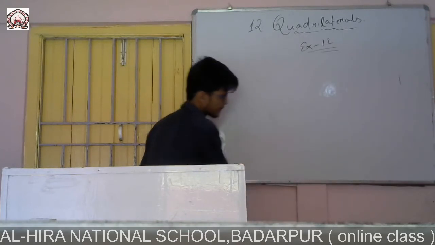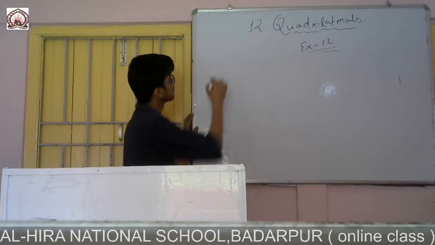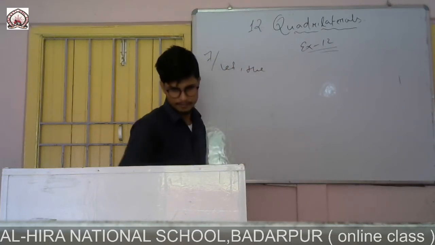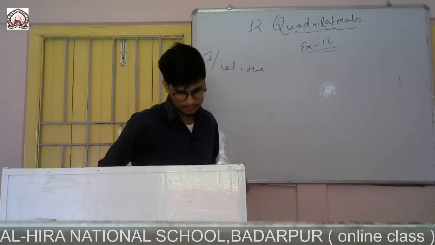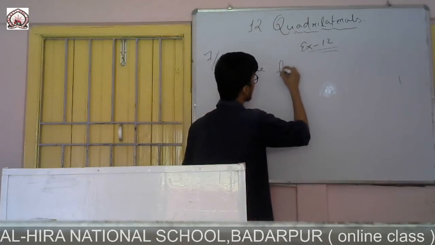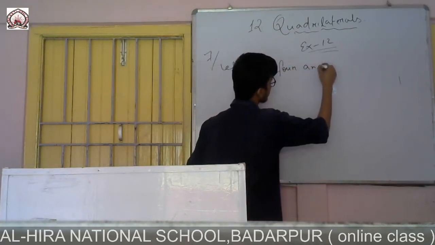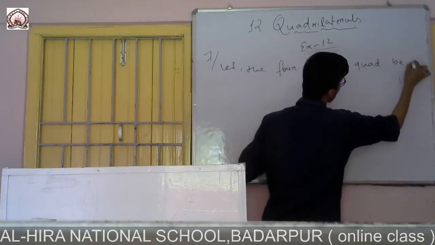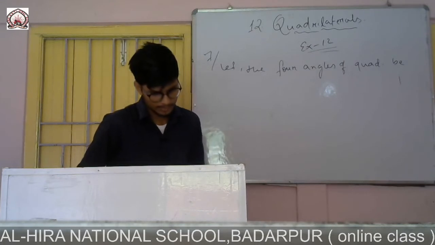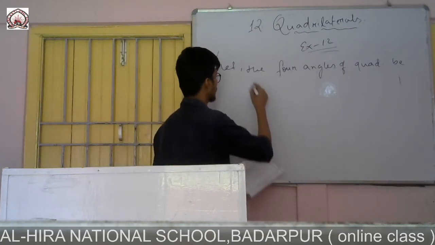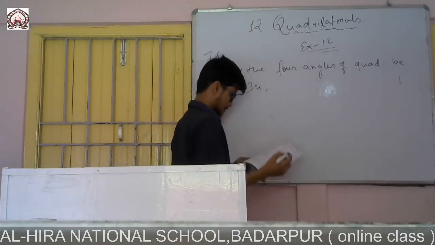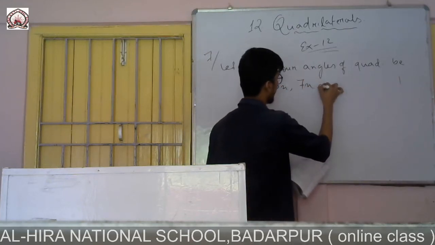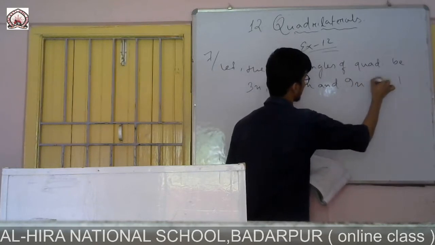So write: let the four angles of the quadrilateral be... It is given the ratio is 3:5:7:9, so you write the first one will be 3x, then 5x, then 7x and 9x.